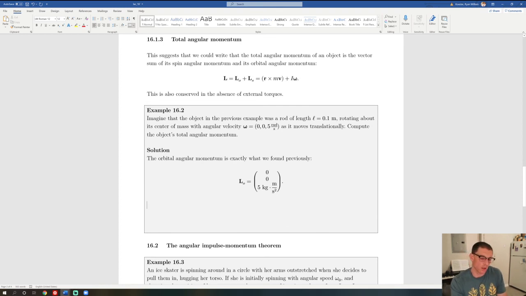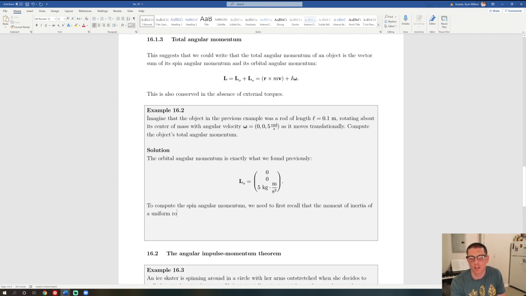And so to compute the spin angular momentum, we need to first recall the moment of inertia of a uniform rod, and I should have said it was uniform in the problem statement, but I'm saying that now, so it is uniform.